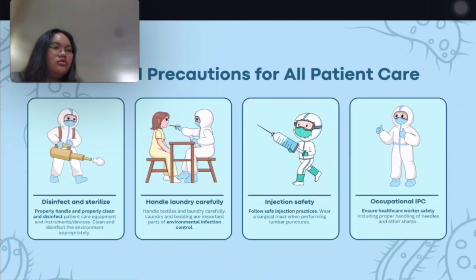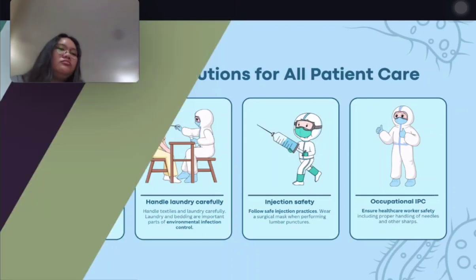The first square on our left is also related to environment control. The next is injection safety, so always follow safe injection practices. Next is occupational IPC. Always ensure healthcare worker safety. This includes proper handling of needles and other sharps.